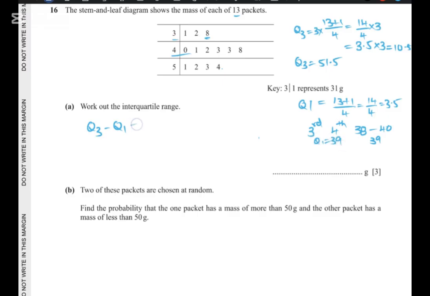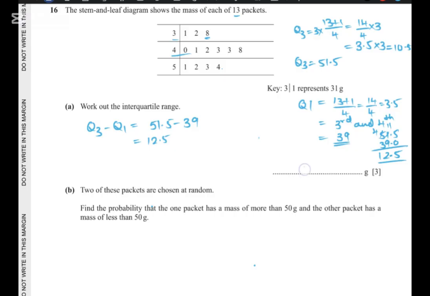So the interquartile range is 51.5 minus 39, which is 12.5. The interquartile range is 12.5 grams.